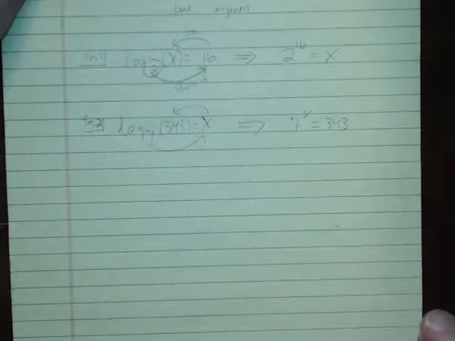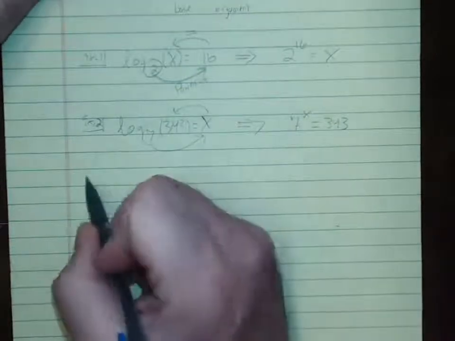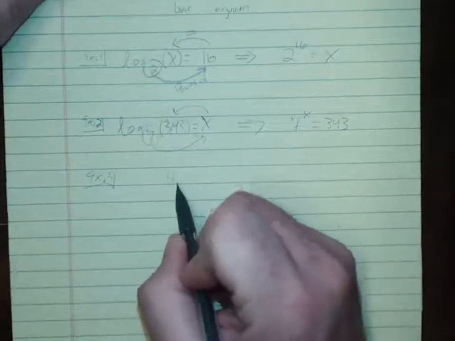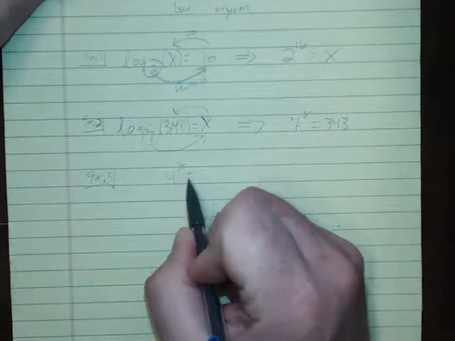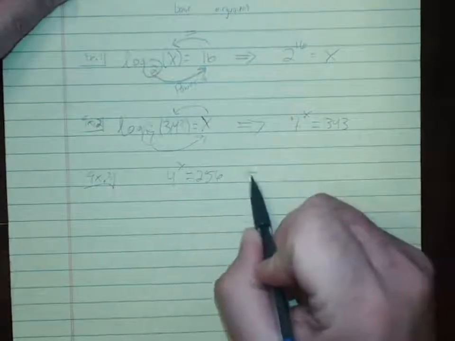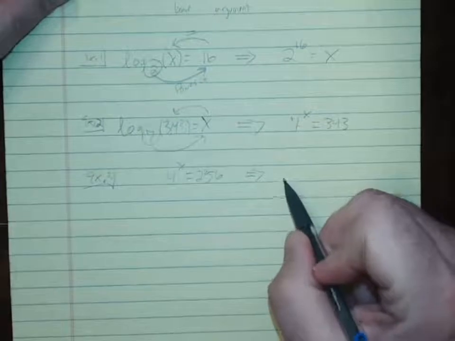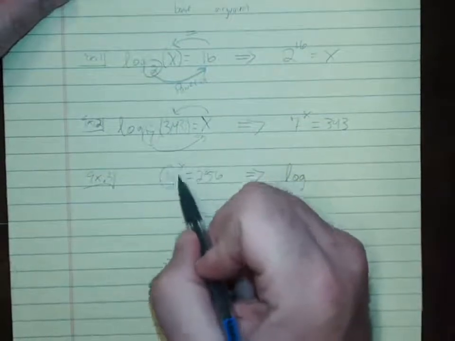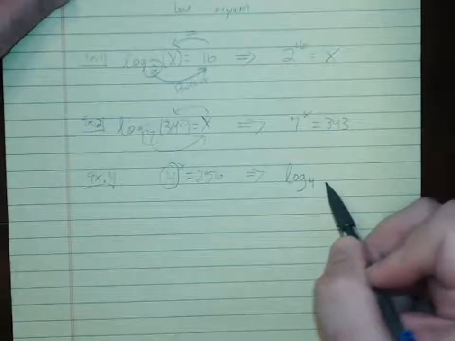And the other way works as well. I don't know that you're going to have to convert it, but I'll show you a couple just to be on the safe side. So if I had, say, 4 to the x power equal to 256, you could rewrite it in log form. First of all, you write the word log. You start with your base, which is 4.